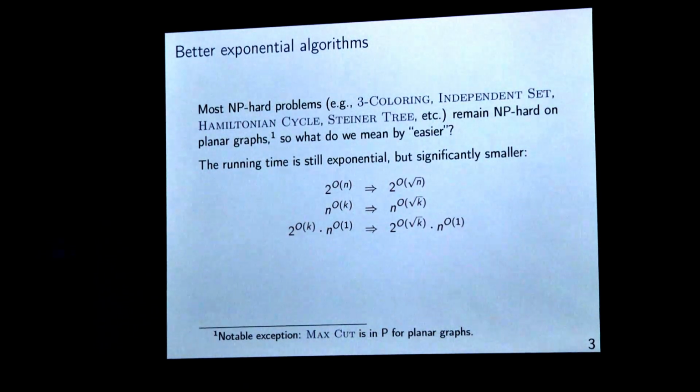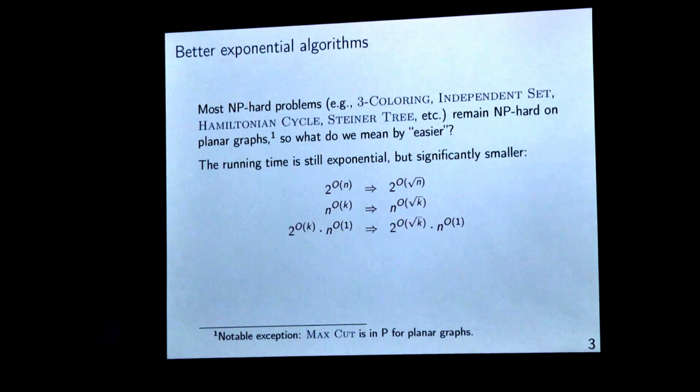Look at a 2 to the power big O of n algorithm for, say, 3-coloring. You can solve 3-coloring in planar graphs in 2 to the power big O of square root of n. So it is still exponential, but it is much better than 2 to the power big O of n. Say independent set: we can find an independent set in a general graph in time n to the power big O of k. You try every k-size set and check whether it is independent or not.